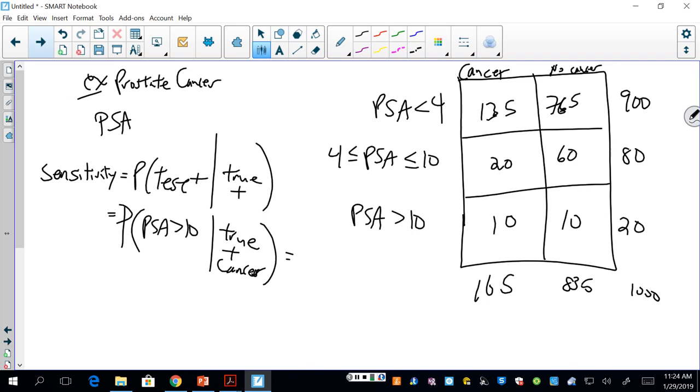So in this sample, if we're using this table to calculate probabilities, what's the sensitivity? What's the chance you have a PSA level over 10, you have a positive test, given that you actually have cancer? What would be the numerator or denominator for that?